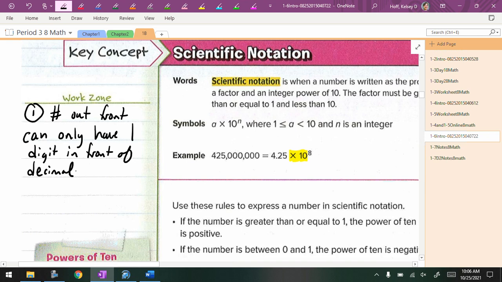Proper scientific notation, you can only have 1 digit in front of the decimal. And the number I'm talking about is like this 4.25. The only number in front of the decimal is a 4. So when we place this decimal today, we need to place it so that there's only 1 digit in front.